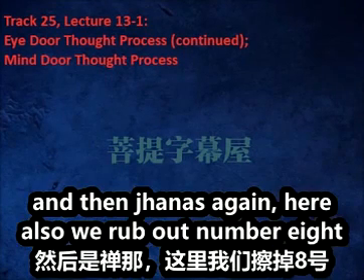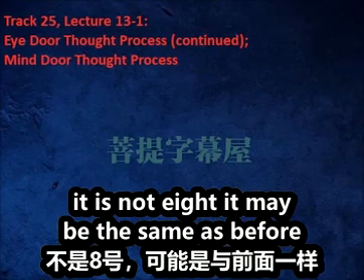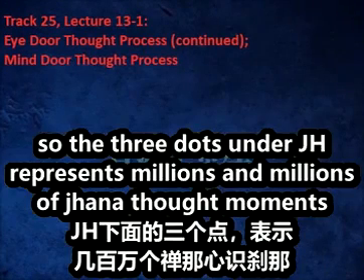Here also I think we rub out number 8. It is not 8. It may be also the same as before. So the 3 dots under JH represent millions and millions of jhana thought moments.